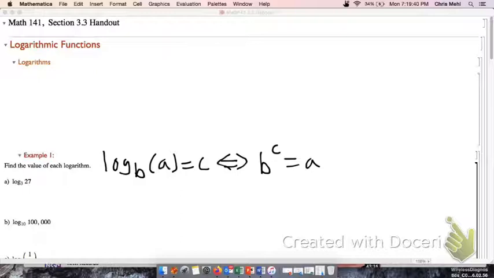So for example 1, let's say log base 3 of 27 is equal to x. So we're going to find the value of x. A logarithm is equal to some number. What that means, if you convert this to an exponential now, is the base 3 raised to the x power has to equal 27.